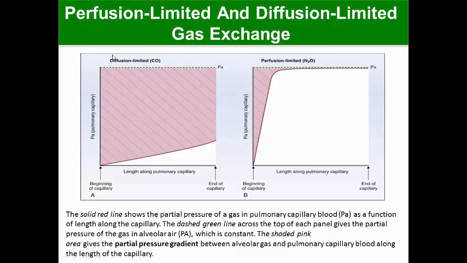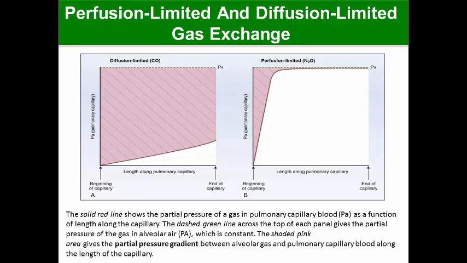So the solid red line, this is the solid red line here in case A, and this is the solid red line here in case B. This is the partial pressure of the gas in the pulmonary capillary blood.